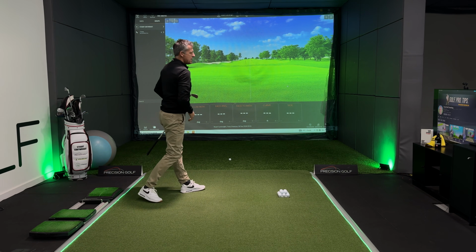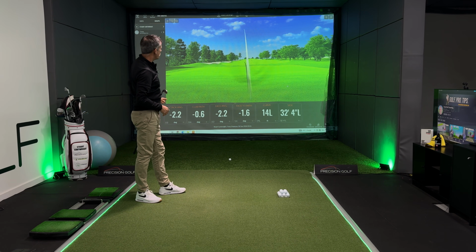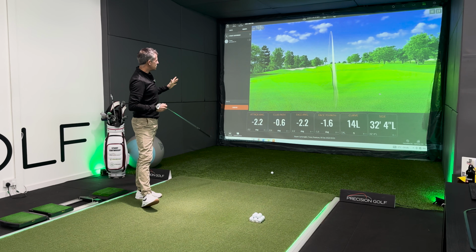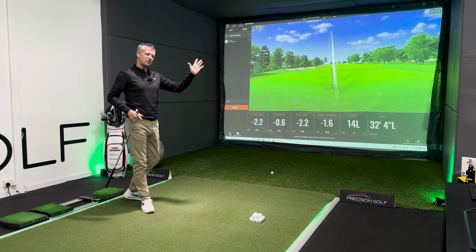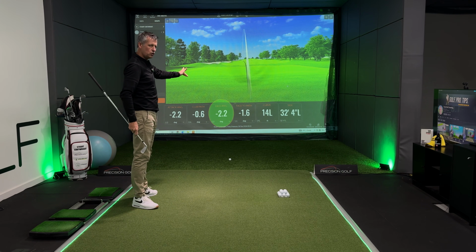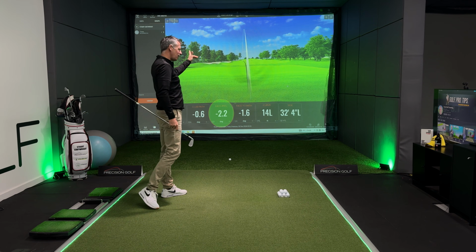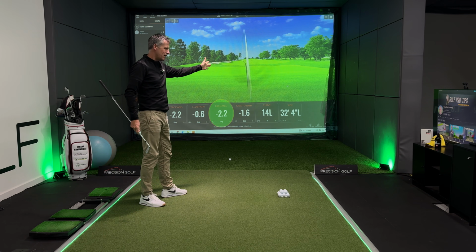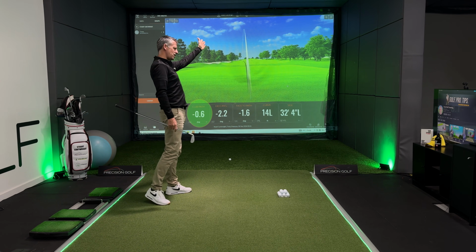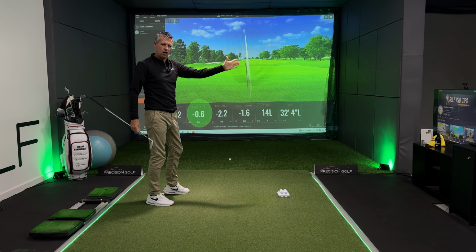Fraction left that one. The face to path value was 1.6 closed. And so that means that the face was looking to the left of the path. You can see that the face angle was 2.2 degrees closed to the target, but the club path was 0.6 to the left of the target.